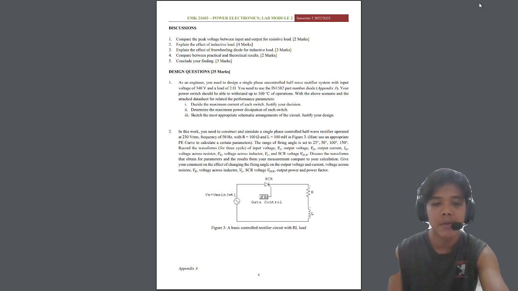The inductor charges during the positive cycle with a forward-biased diode. Due to reverse bias when it enters the negative cycle and the inductor supplying the circuit current, the diode opens up and becomes forward bias again as it reaches the negative cycle.